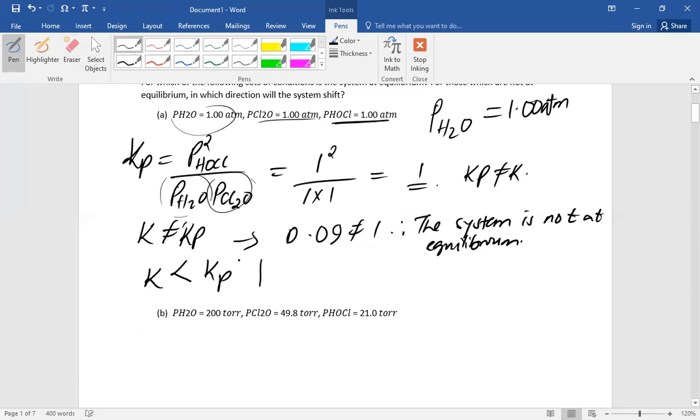Since K is less than Kp, the system will shift to the right. You just follow where the arrow is pointing, to the right side. That's where the products are.